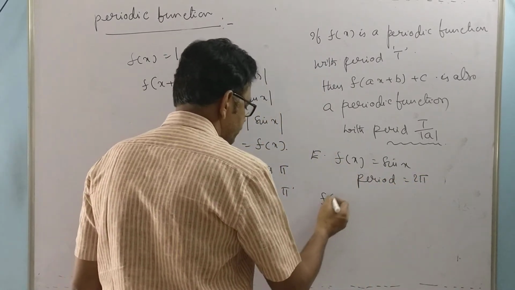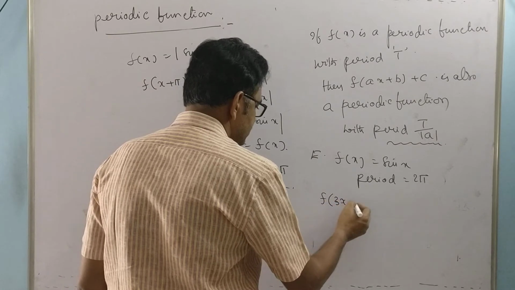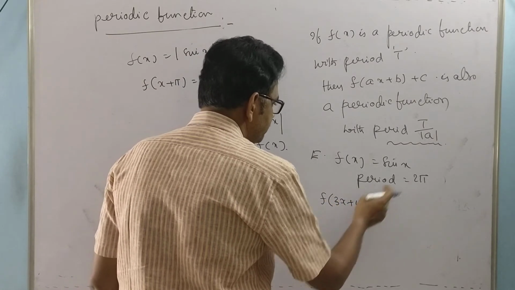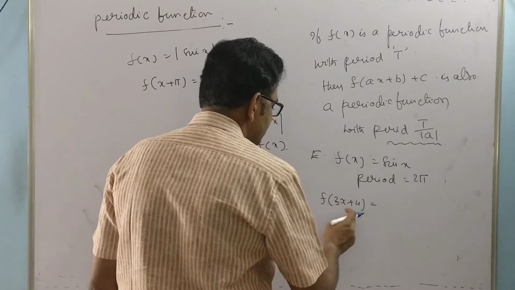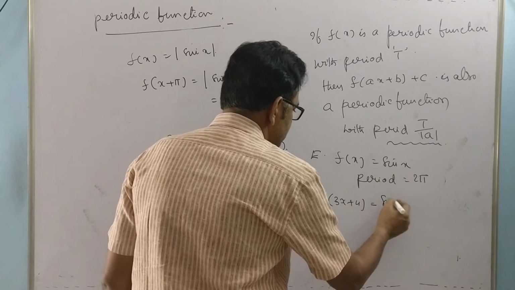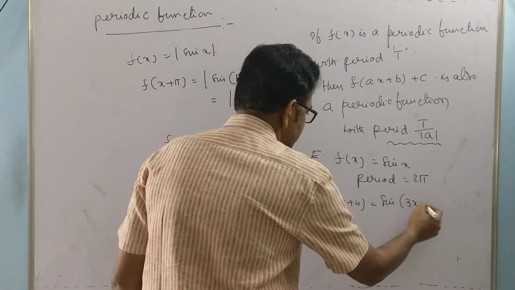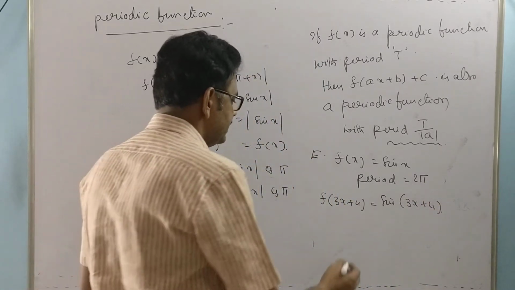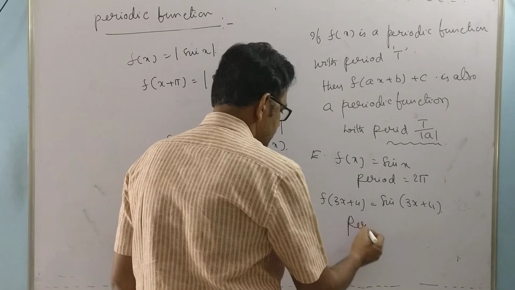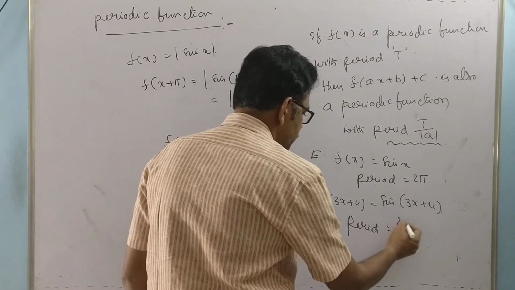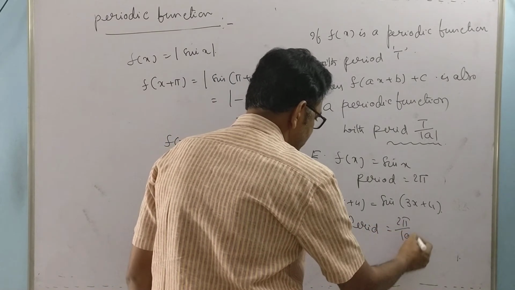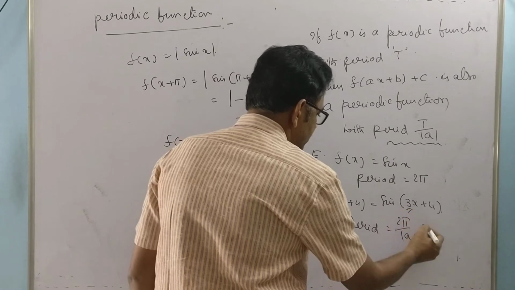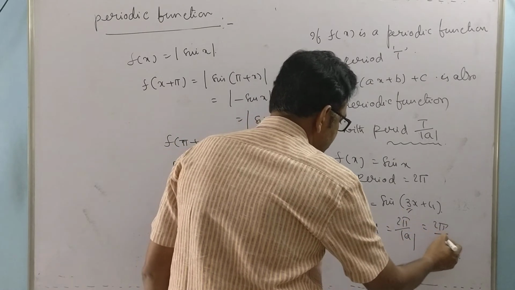Now f of 3x plus 4 means in place of x you write 3x plus 4, so this is sin of 3x plus 4. The period is 2 pi by mod a, where a is 3, that is 2 pi by 3.